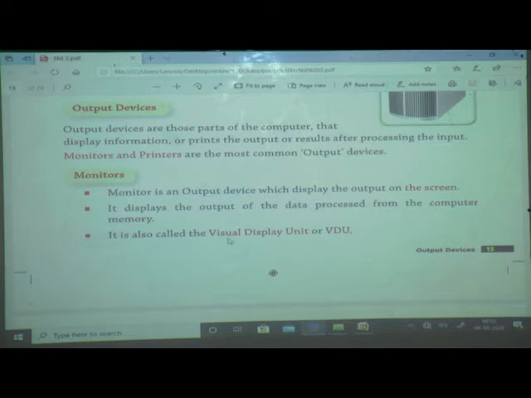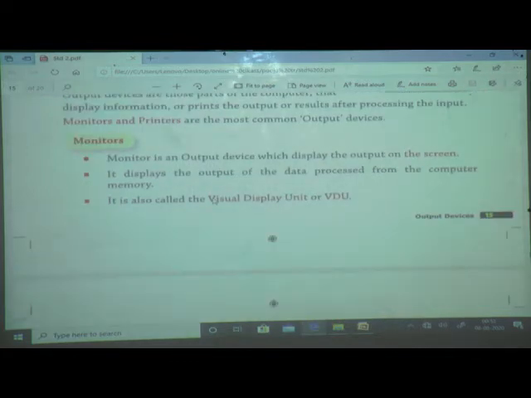Monitor is also called a visual display unit, or VDU. This is also a monitor, right? And we can see what is inside the computer. That's why the monitor is called an output device.